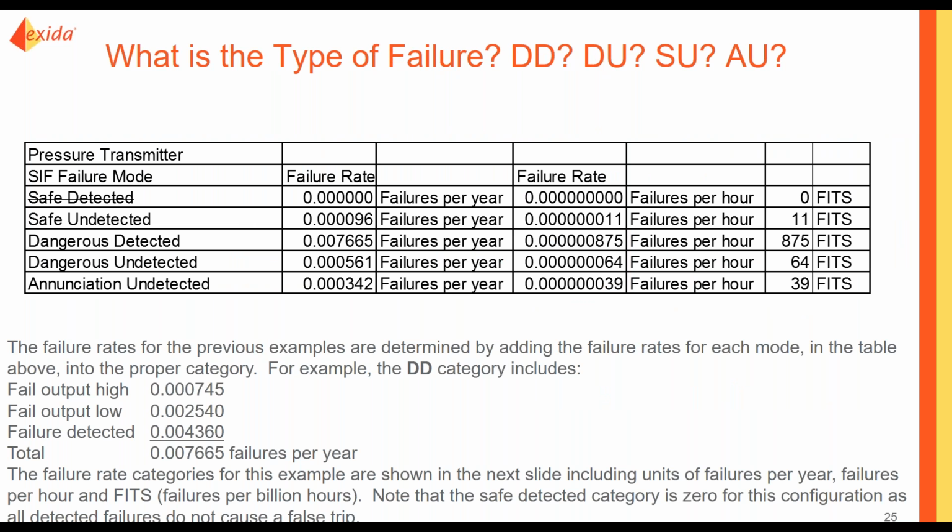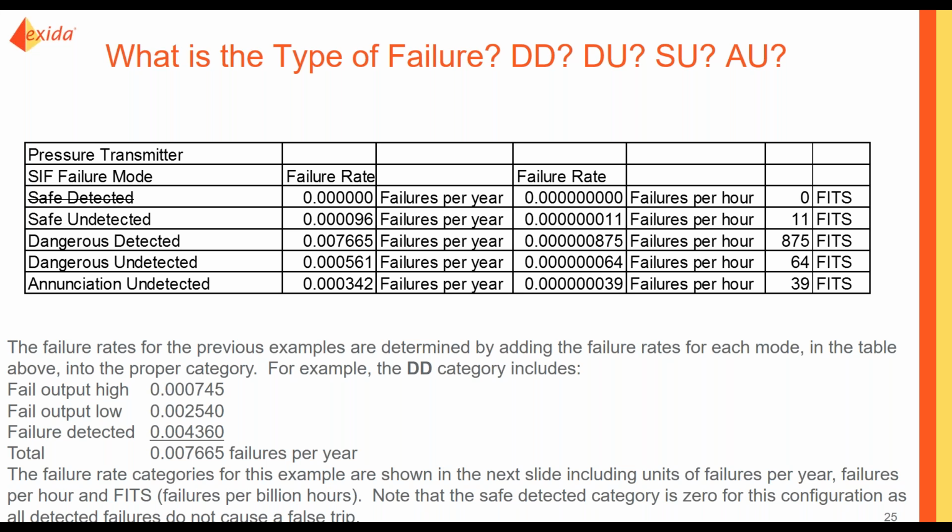So when we go through each line of the previous example, we can then classify similar categories with each other. We look at all of the failure rates that we classified as dangerous detected, and we can add those together.